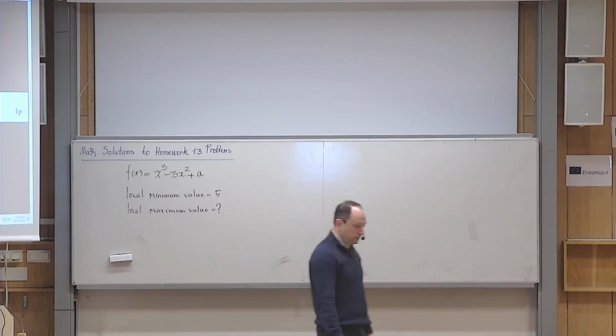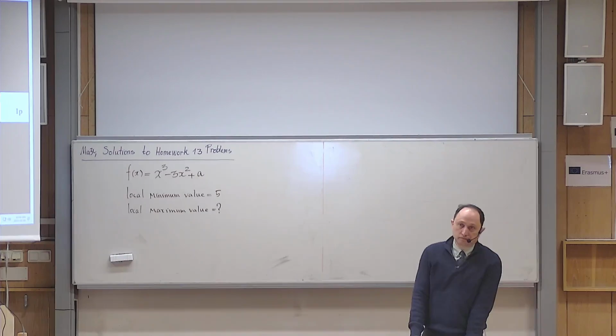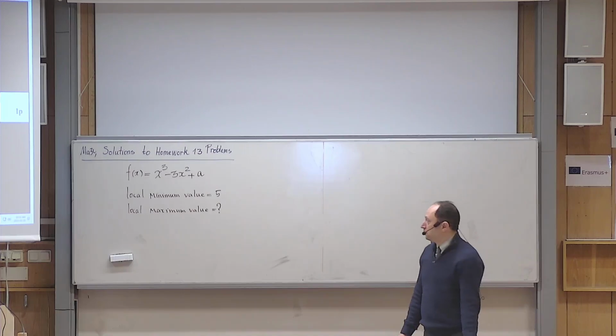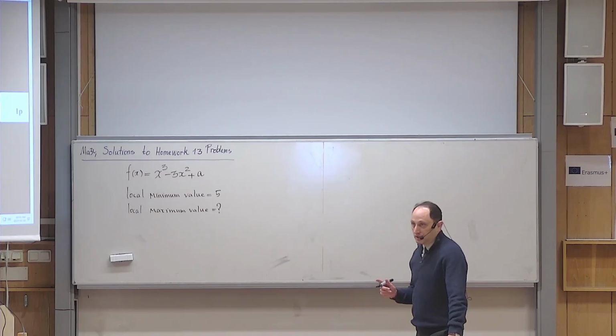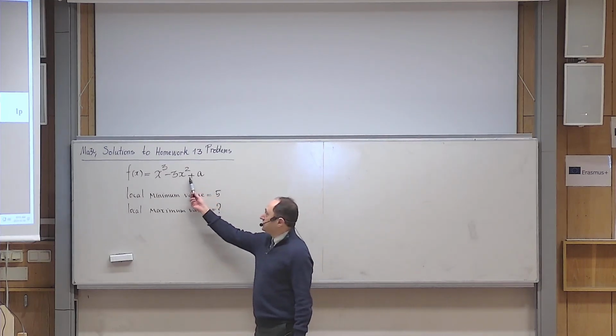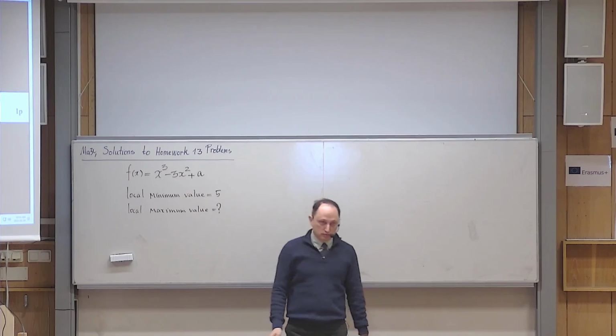So do you have any suggestions for me? How should I do this problem? These problems should be understandable at least by just first reading. A function is not completely given. What is missing? A is missing in that function. So a is one unknown.